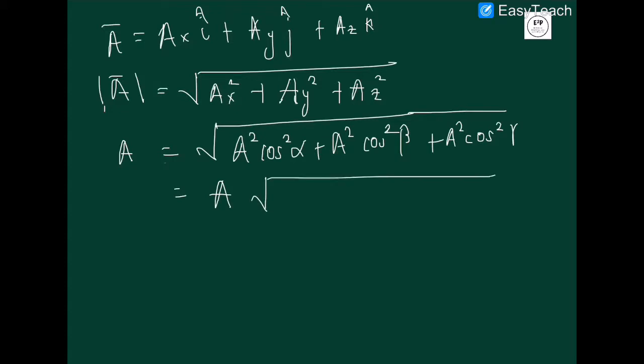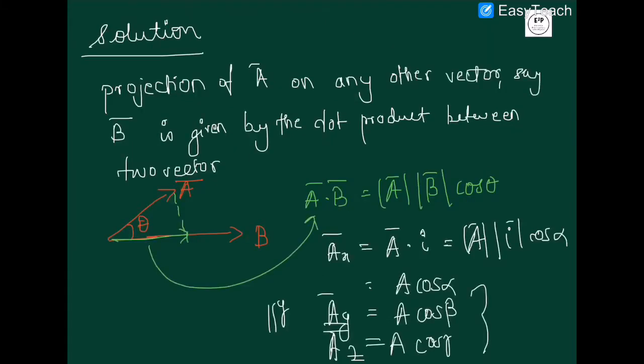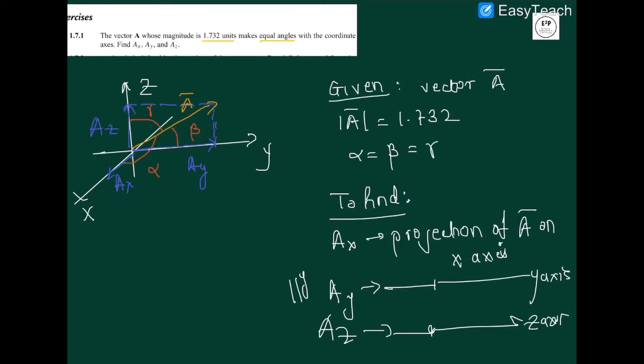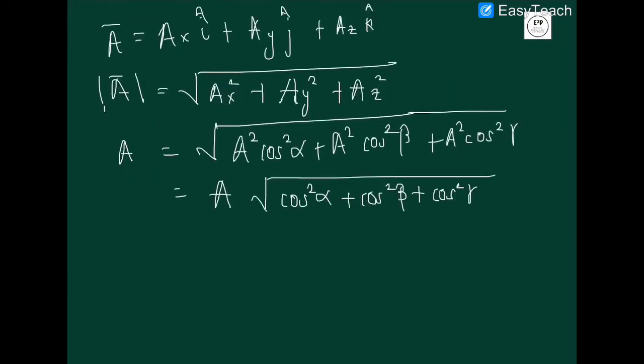Now the square root of cos square alpha plus cos square beta plus cos square gamma. From the given condition, we can say that since alpha is equal to beta is equal to gamma, let's call this angle phi.